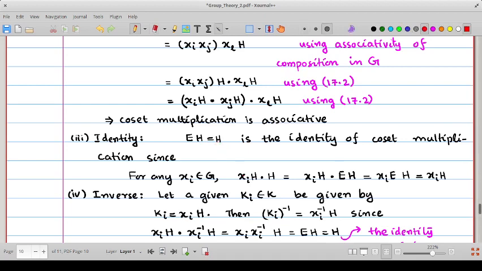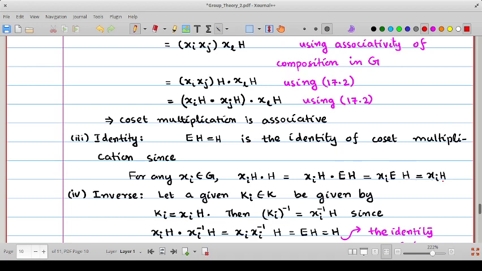Now consider the multiplication of a coset XiH with the subgroup H. So XiH dot H, that is XiH dot EH, but using the property of coset multiplication, this should be equal to Xi times E multiplying H. But Xi times E is nothing but Xi.